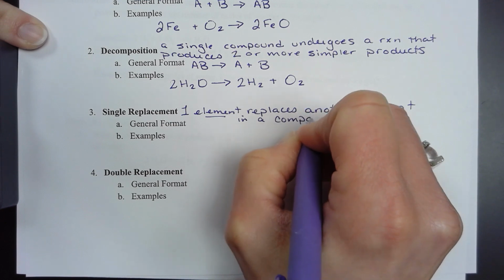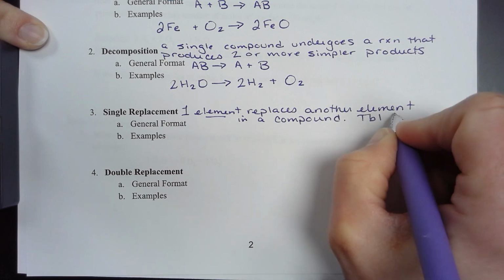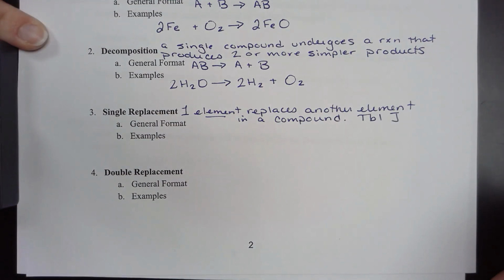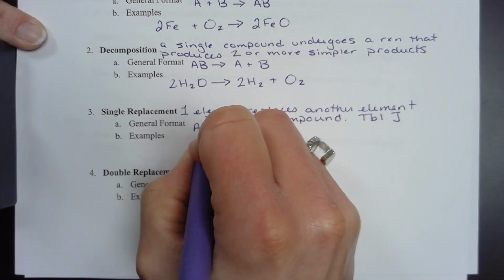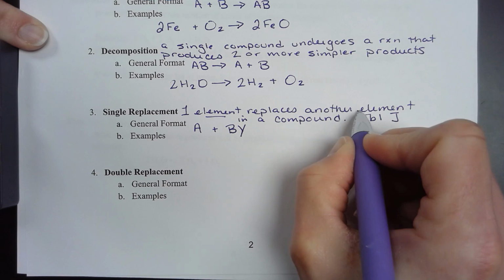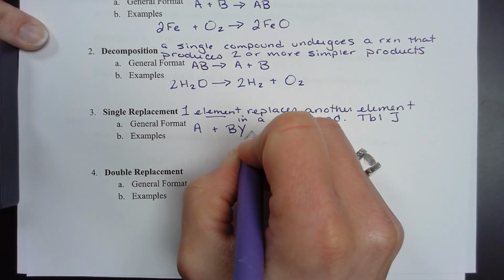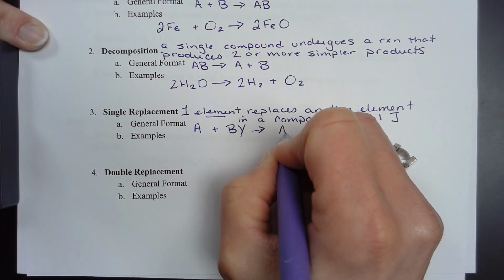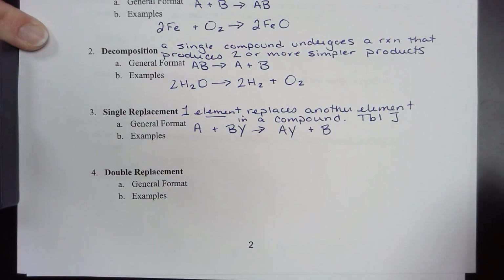Now for all of these you're going to reference table J, which we're going to spend a lot of time on. Table J. Our general formula is A, there's our single element, plus BY, and so 1 element replaces another element in a compound. It's going to do a replacement, and now A is bonded to Y, and B is all by itself. It's sort of like A stole B's partner.